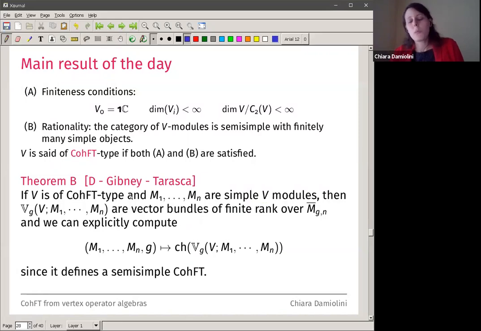that says that we can really compute explicitly the Chern character, because this assignment, as I said before, where I take the modules and compute the Chern character, is a semi-simple cohomological field theory.